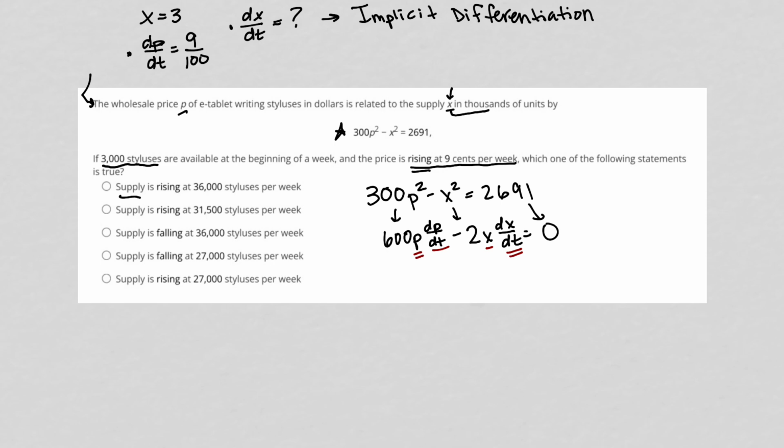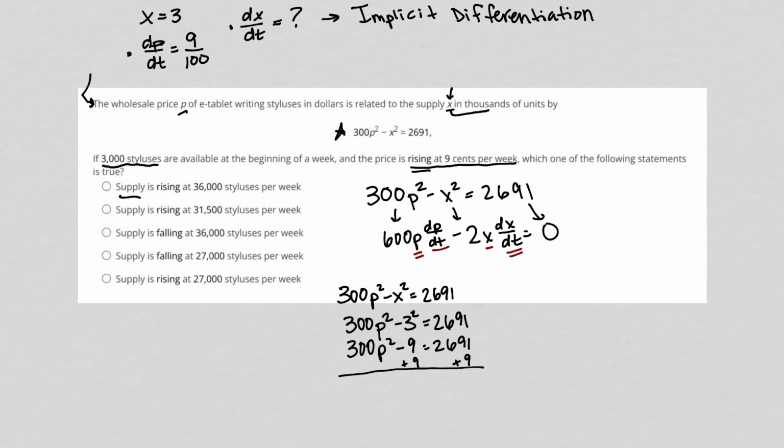So I can solve for p by taking my original equation, 300 p squared minus x squared equals 2691, and plugging in the x value, which is 3, so this becomes 300 p squared minus 3 squared equals 2691, which becomes 300 p squared minus 9 equals 2691.